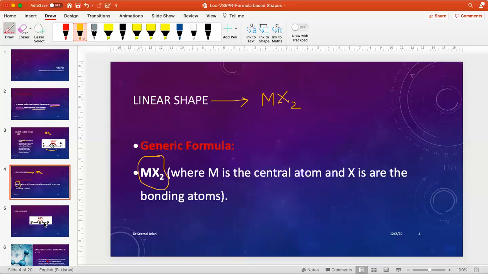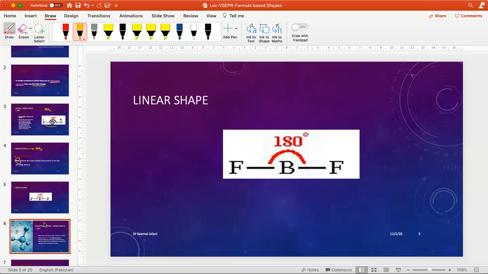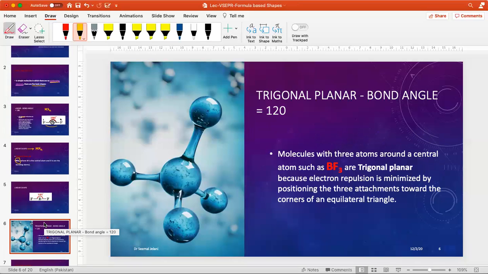Next, this is the structure: 180 degrees, linear shape.